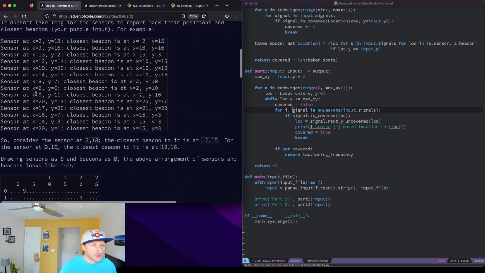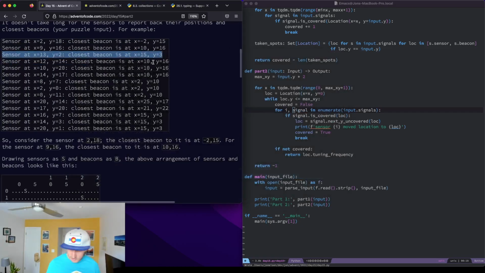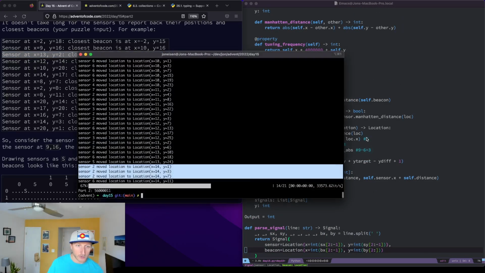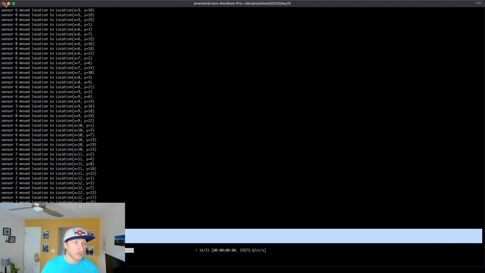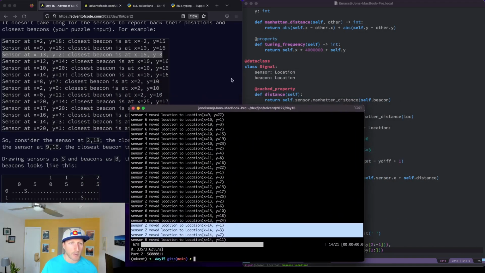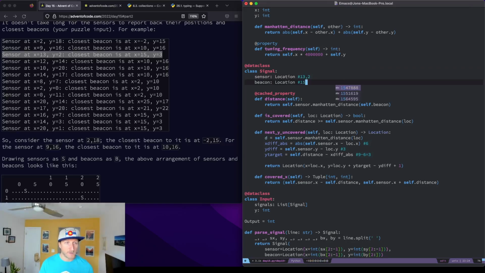All right, sensor 2 is this sensor, right? So x13, y2. Let's go up to our next y uncovered. And our location, so 13 and 2. Make this smaller again. Make sure it's not covered by my face. All right, 13, 2, 15, 3. So distance here is going to be 3.